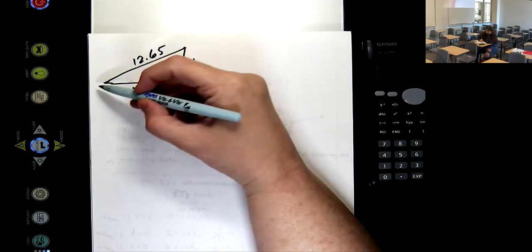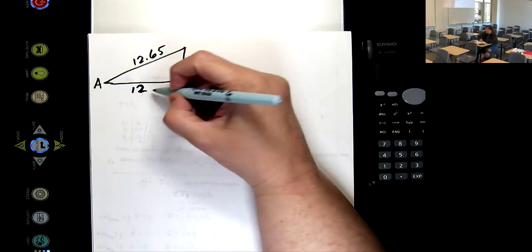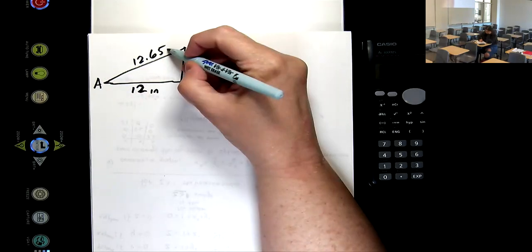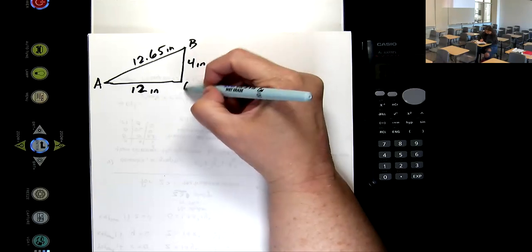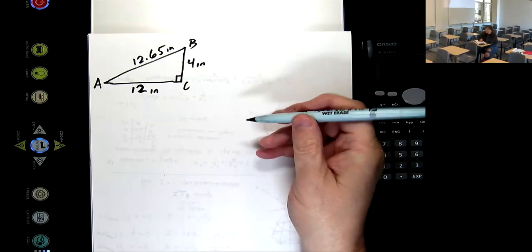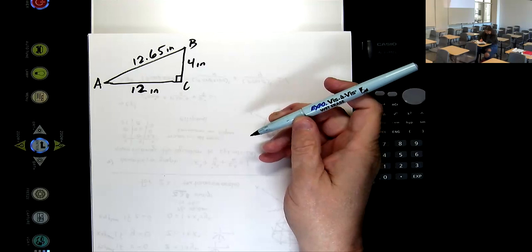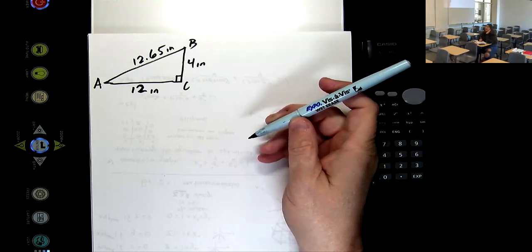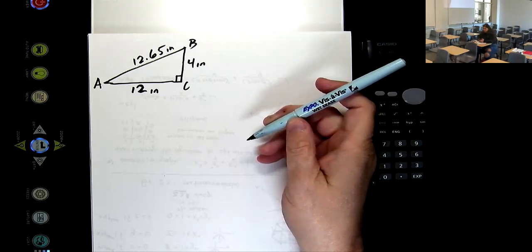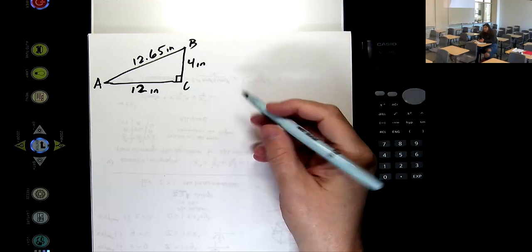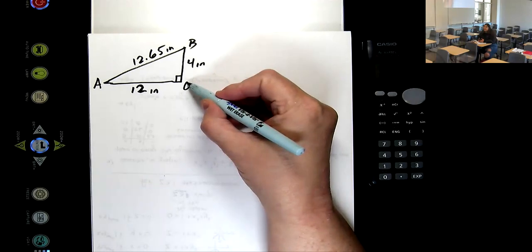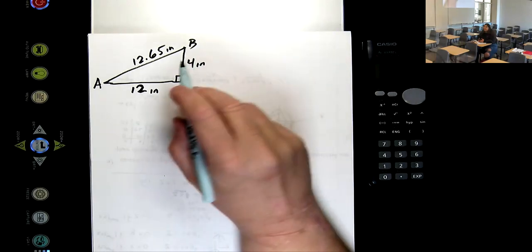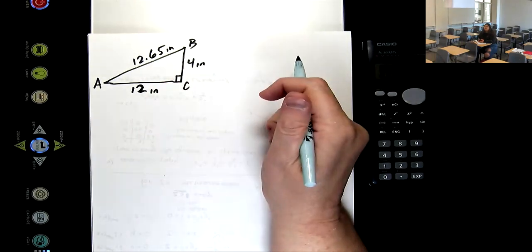Inch? Sure. Why not? I've got letters on here too. You shouldn't need the letters for this. We just use the letters to represent the triangle, but you don't need the letters for the calculator work.